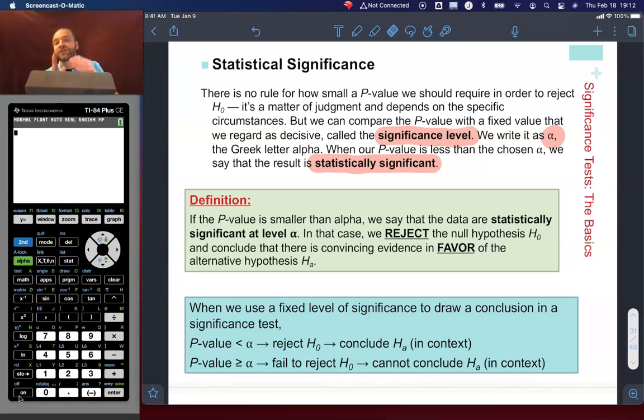When our p-value is greater than or equal to the alpha, we fail to reject the null and we cannot conclude the alternative, both in context. Now, what's a good alpha level? I wonder if that 0.05 that we've used before, that magical 5, is a good alpha level to use. Now, if they don't specify the alpha level in the problem, you use 0.05.